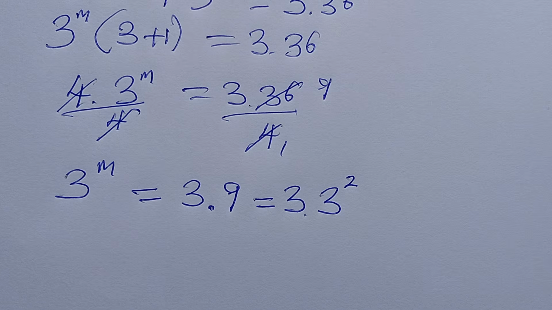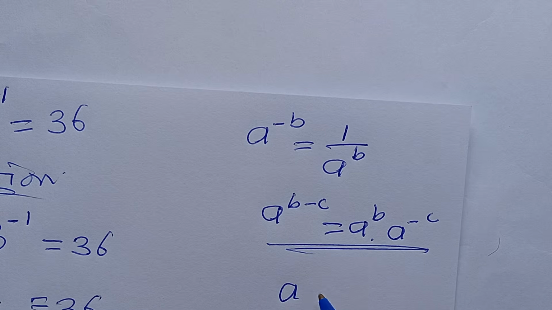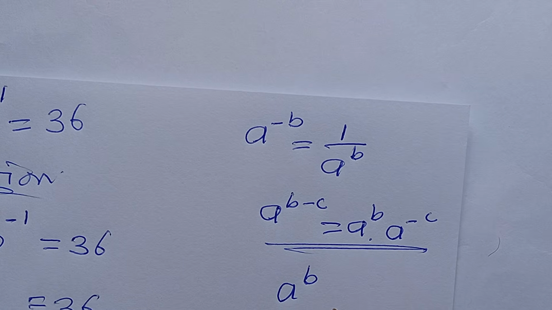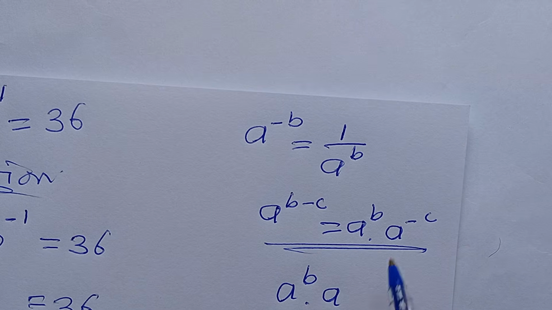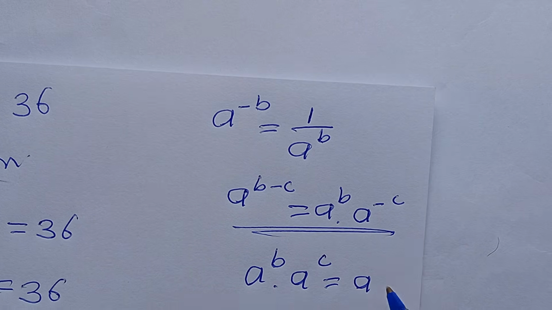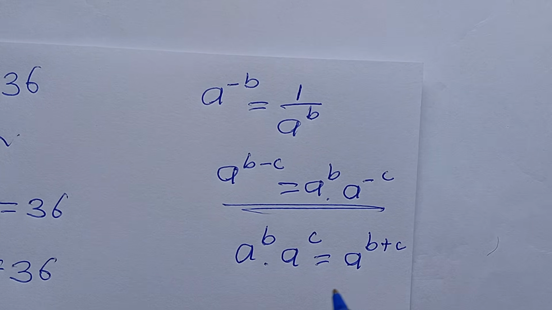Now we apply another law of indices called the multiplication law, which says that when you have a to the power of b times a to the power of c, this is going to give us a to the power of b plus c.